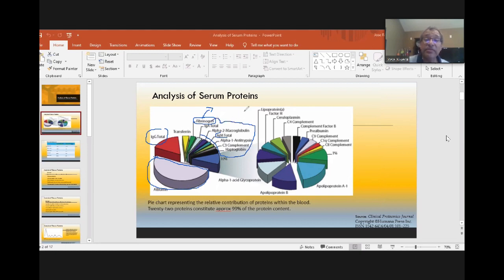Because you have something called complement. We don't talk about complement here, but does anybody know why we have so much albumin? Why do we need to have so much albumin in the blood? It's almost 50% albumin just by looking at this chart here. Does anybody know?